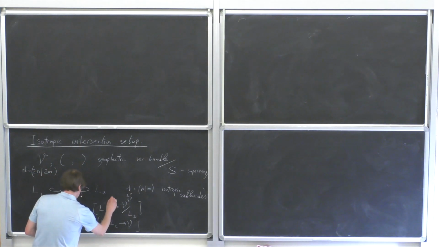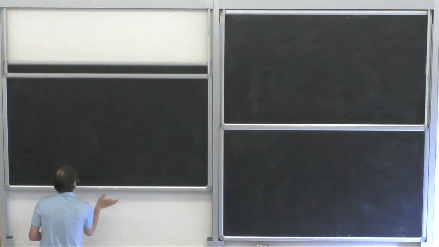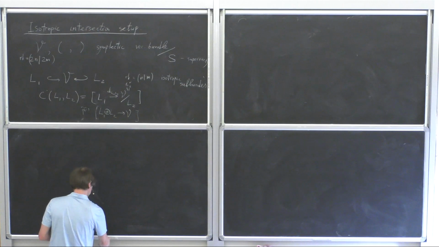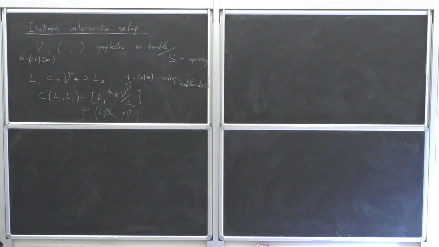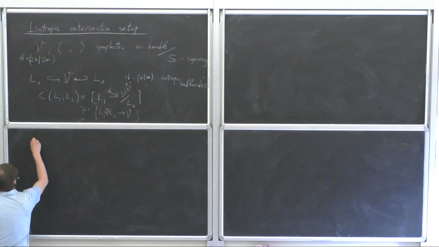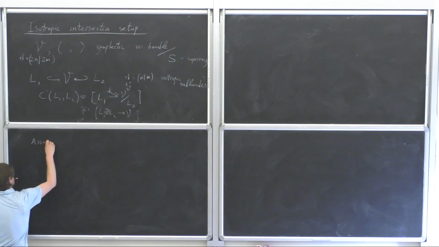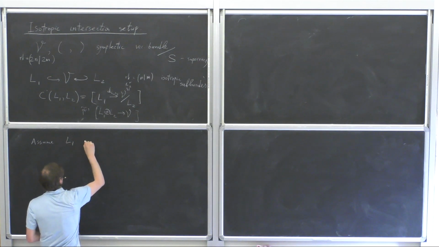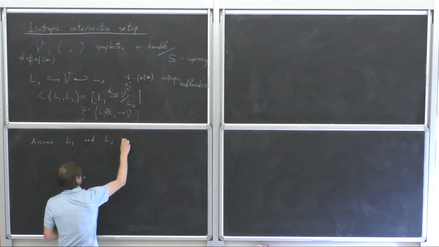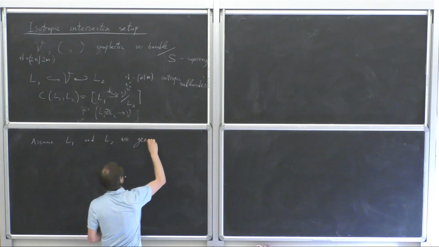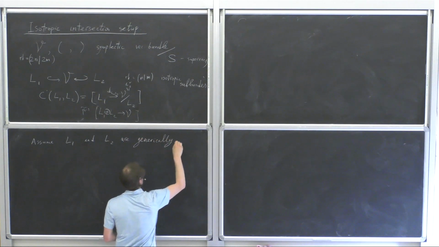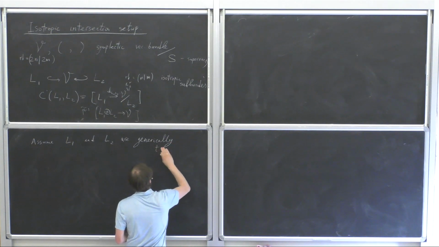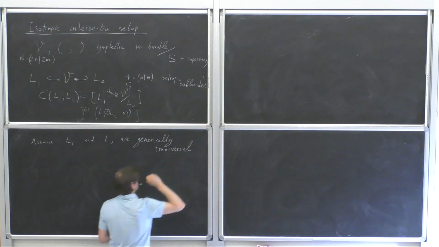Let me call this differential D sub L1, L2. I will assume that L1 and L2 are generically transversal, so they have zero intersection. And I will be interested in the divisor where they have non-zero intersection.